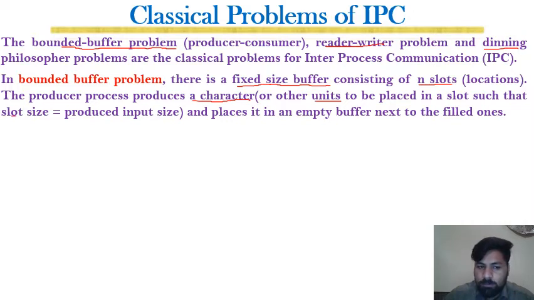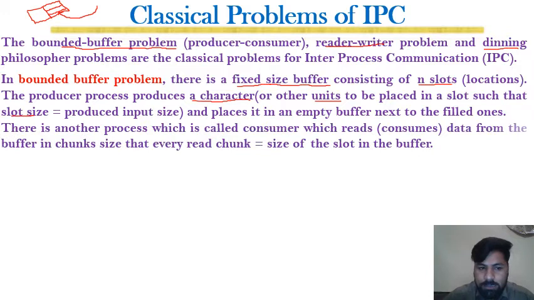So for example, if we have a buffer that consists of two slots, then every time a producer process produces some input, that input will exactly fill one of the slots. And similarly there is another process, the consumer. The producer was producing characters and placing them in the input buffer.